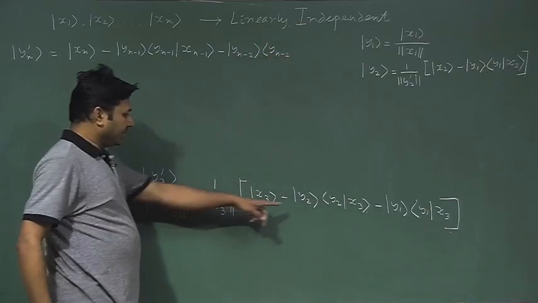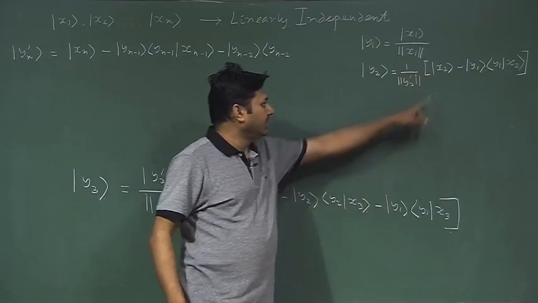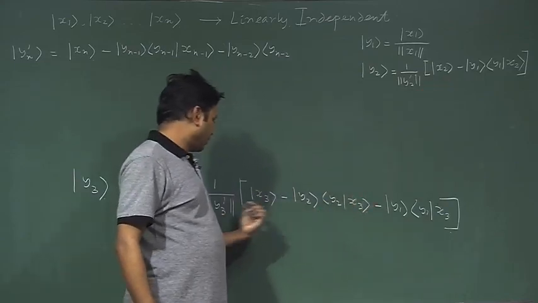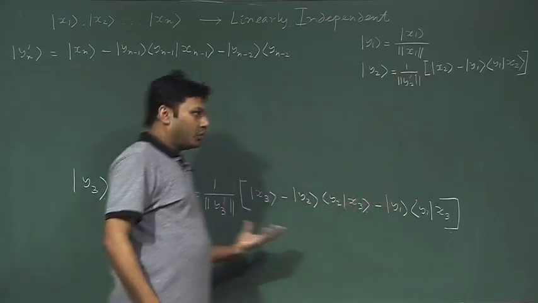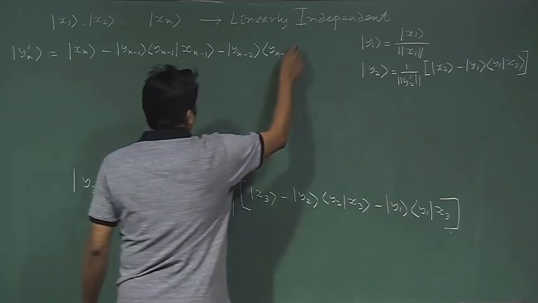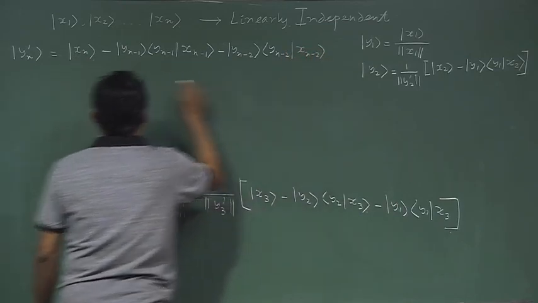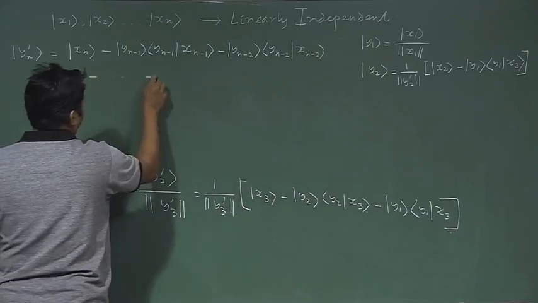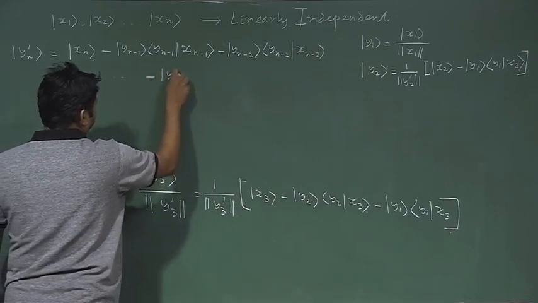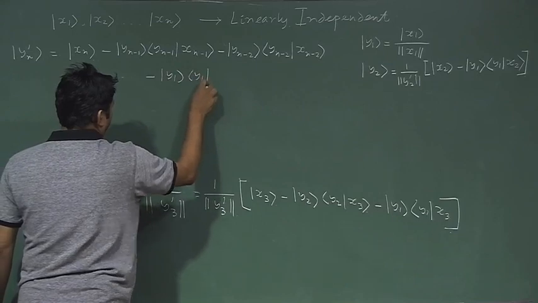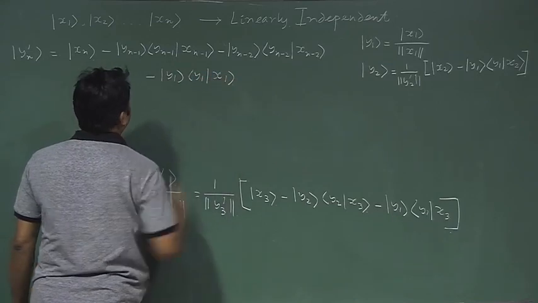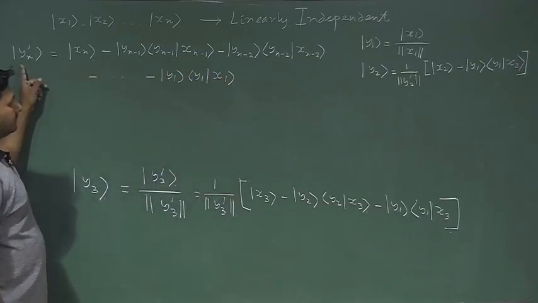The order is reducing here: initially it was just 1, for y3 it is 2, 1, for y4 there will be another term, and in this way it changes. Finally, this is my entire yn.